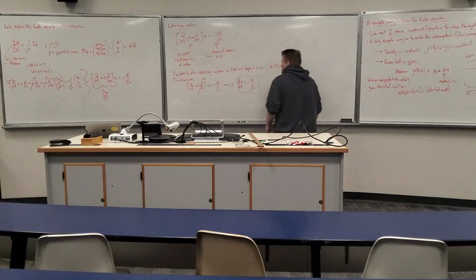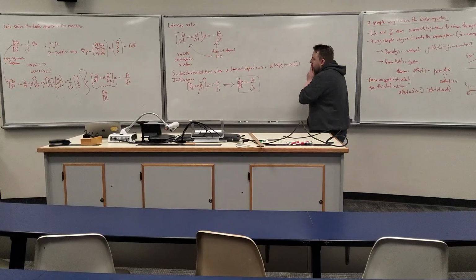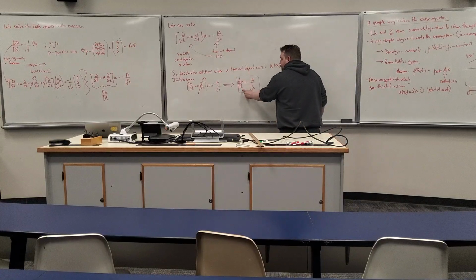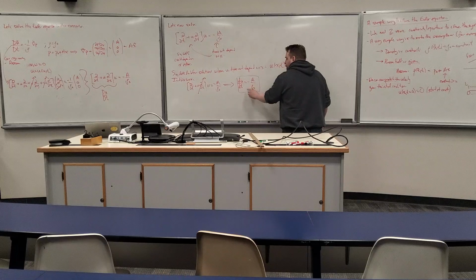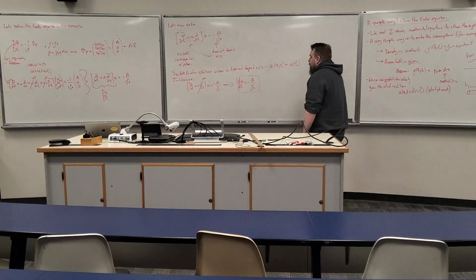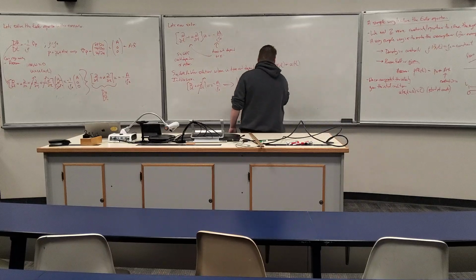And we get the very simple equation that the rate of change of u is just equal to this negative constant. And so we can integrate that. Oh, sorry, this is not right.